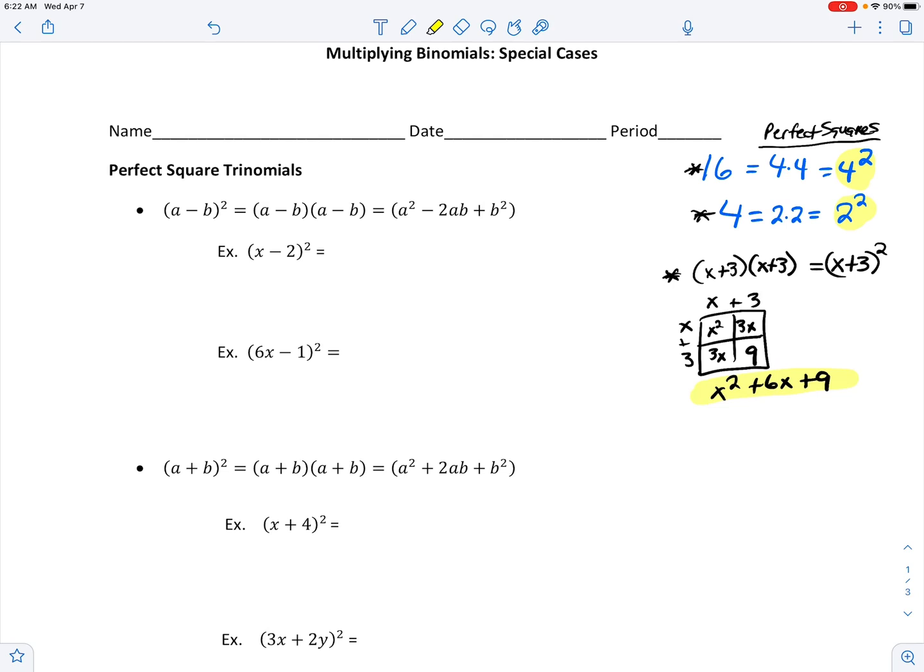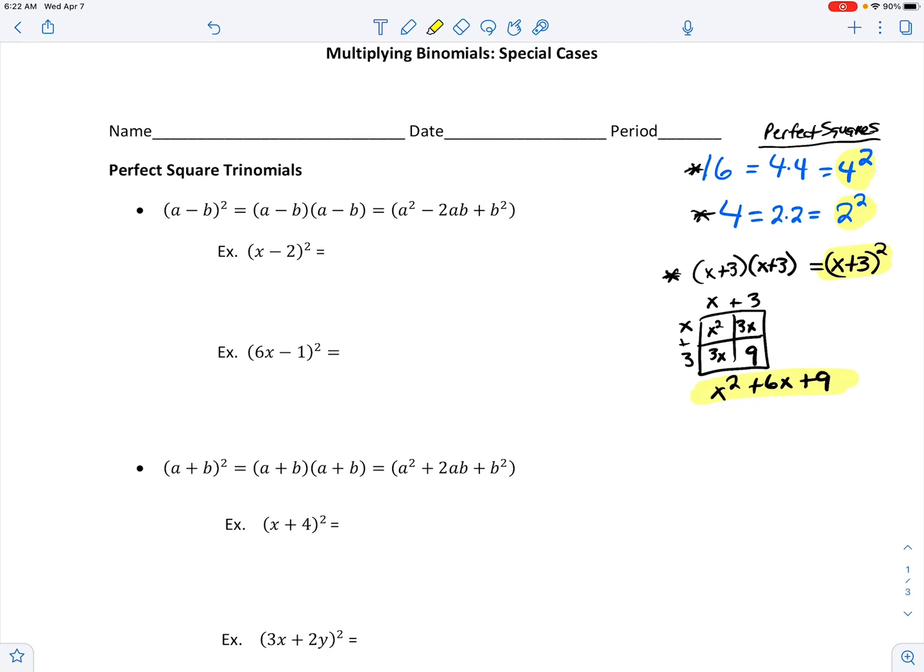This is called a perfect square trinomial. Trinomial because it's 3 terms, right? And it's a perfect square because it can be written as x plus 3, quantity squared. And we say quantity squared because x plus 3 is grouped together.